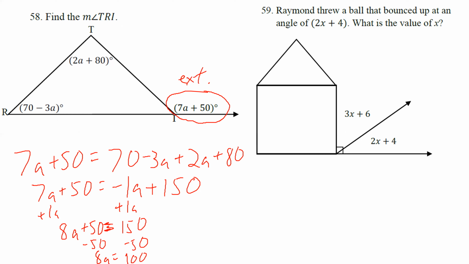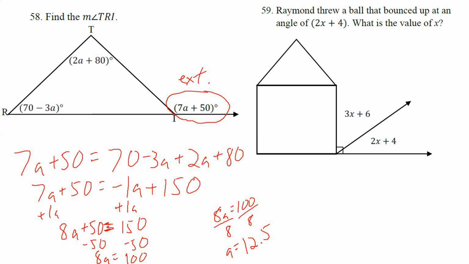And then finally, we're going to have to divide off that 8. So again, we had 8a equals 100. We're dividing both sides by 8. So a is, that goes in once, we have 2 left over. That's going to be 12.5.